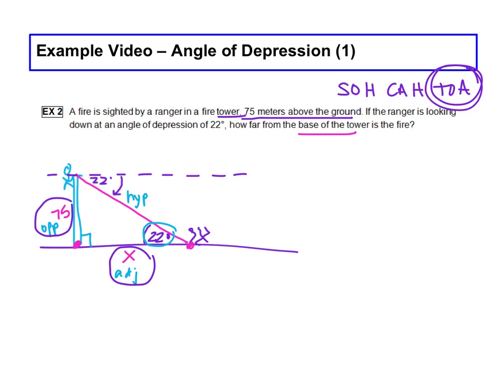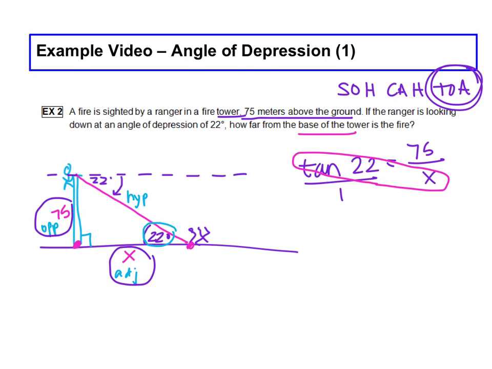So what we do is we say tangent of our angle, which we know is 22 degrees, is equal to the opposite side, which is 75, over the adjacent side, which is x. Once we have it set up, we put that over 1, which allows us to cross multiply. When I cross multiply, it doesn't matter which diagonal you multiply first. I always start with where the variable is, so I have that on the left side of my equation.